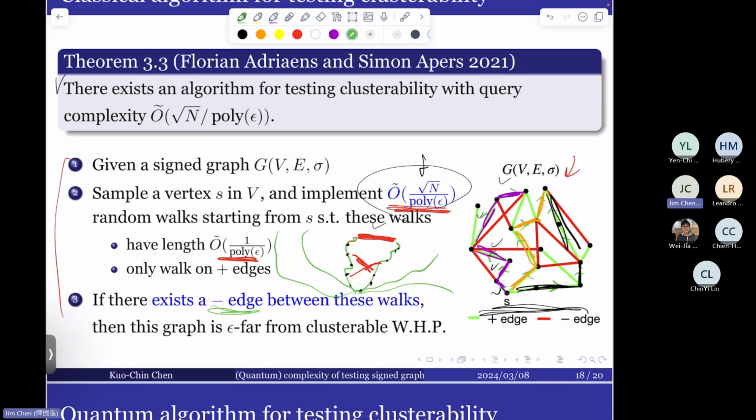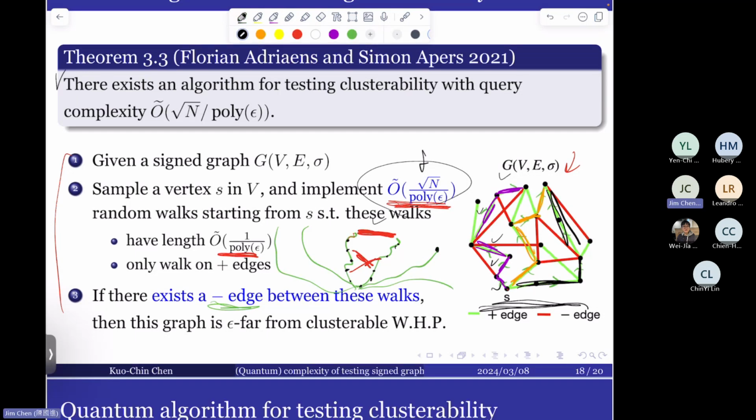But the main point is that if we do a random walk, we are here, and we make a move like here, and the edge is positive, then in each step we can query every edge connecting to this vertex.